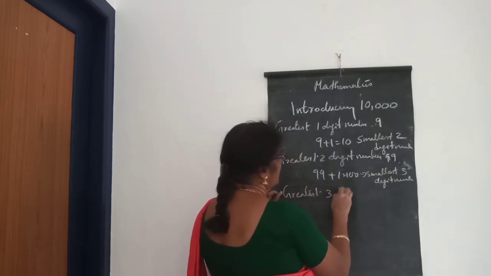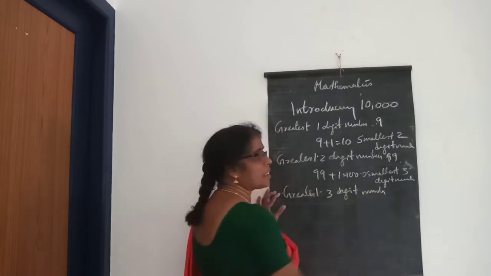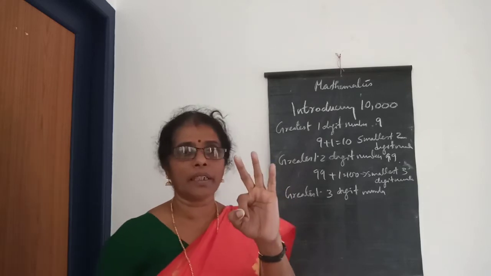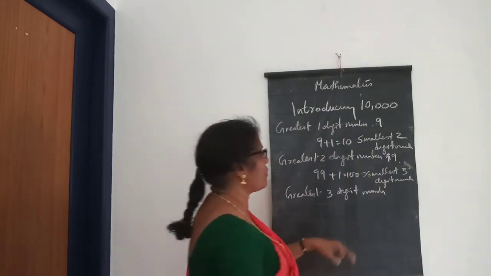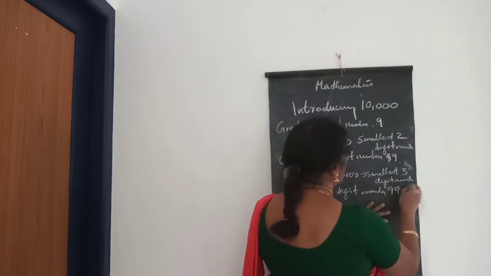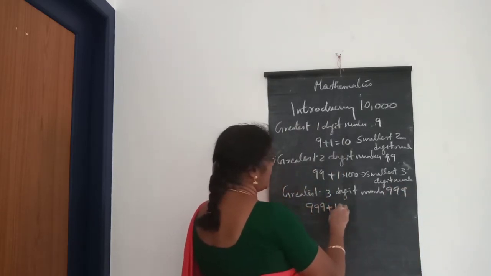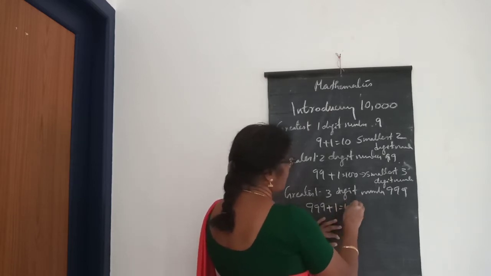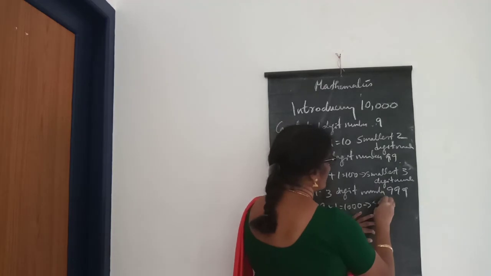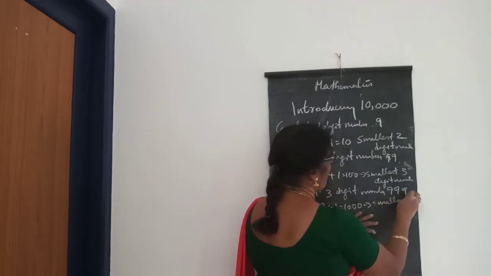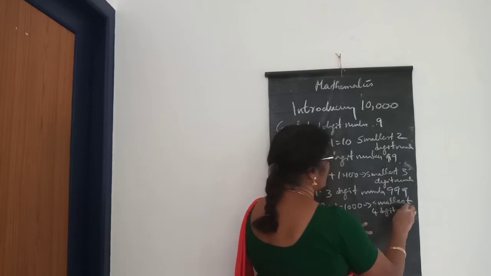What is the greatest three-digit number, children? Greatest three-digit number means 3 nines. That is 999. If we add 1 with this 999, then we will get 1000, the smallest four-digit number.